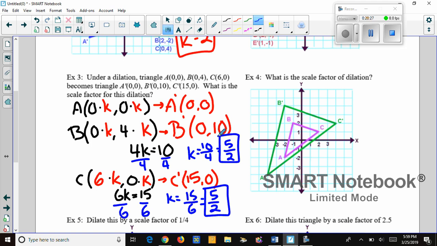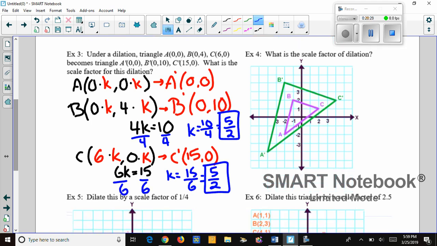So let's find point A and A prime. A is at -2, -2, while A prime is at -4, -4. Now, right now, you might be able to identify what this scale factor is. Let's check it out to be 100% sure.